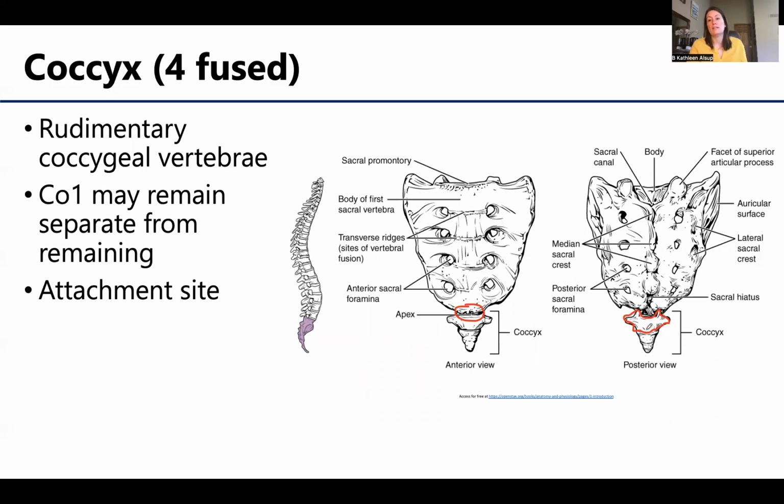Sometimes you don't have a complete fusion between the first coccygeal vertebrae and the second through fourth. Generally, the second through fourth will fuse pretty distinctly. It's this first coccygeal vertebrae that you're never quite sure exactly what it's doing, but it's going to be an important attachment site. You'll have muscles attaching there. You'll also have ligaments attaching there as well.